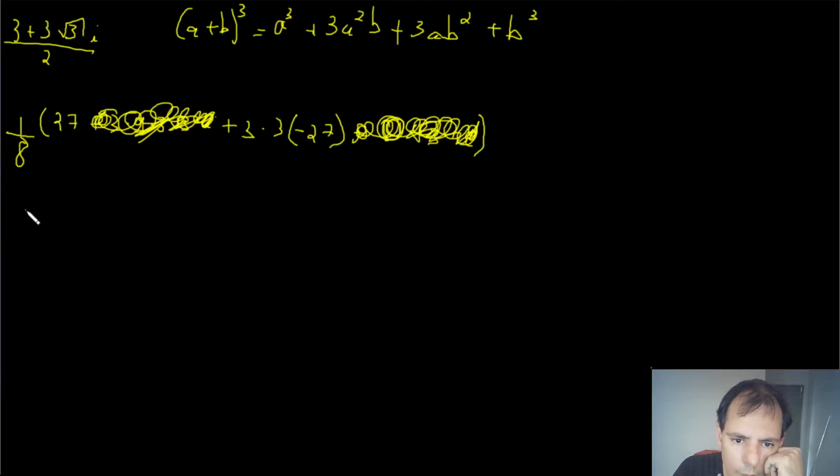So you got a 1/8 times 27, right? And here you got a plus and a plus and a minus. So I know that this is going to be a minus. Now, in here, you have a 9 times minus 27. That'll be 270 minus 27, 243, if I'm not making a mistake.